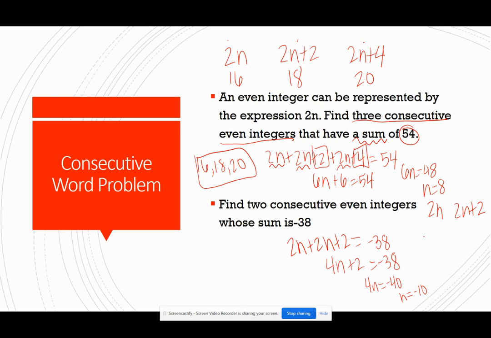Once again, we must plug back in. So 2 times negative 10 is negative 20. 2 times negative 10 plus 2 is negative 18. You might want to put that in the calculator or something to make sure you're correct. And this would be my final answer. And to check to make sure I am correct, I can add up the 2, and it has to equal negative 38, which it does.